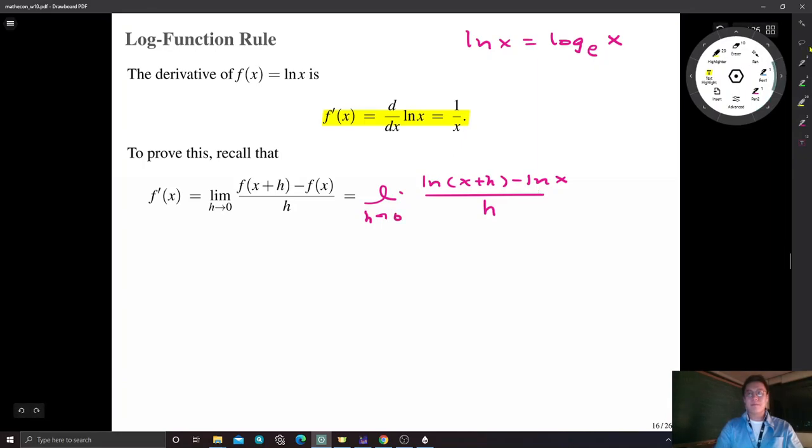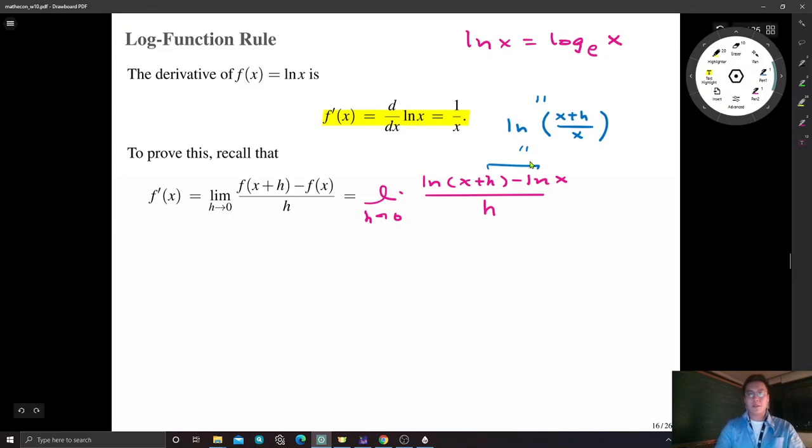And then here, I'm going to use one property of a natural logarithm. Difference becomes division. So the difference between two logarithms is equal to the log of the division. So I can rewrite the expression on the top as ln of (x plus h) over x. And then let me distribute x on the bottom.